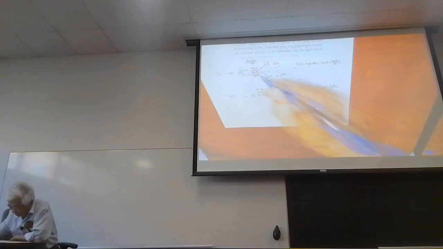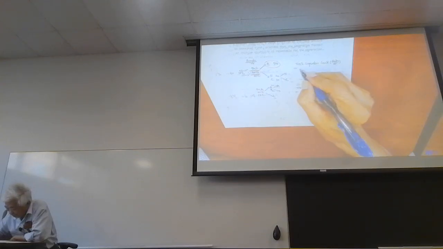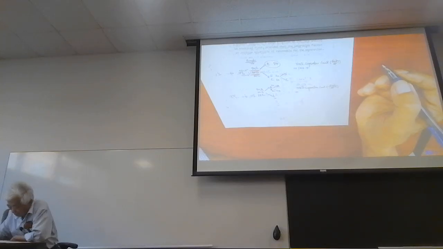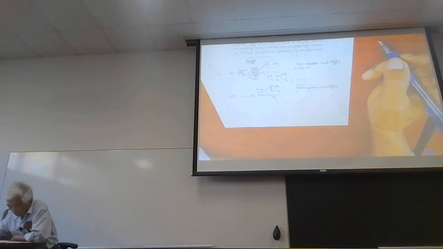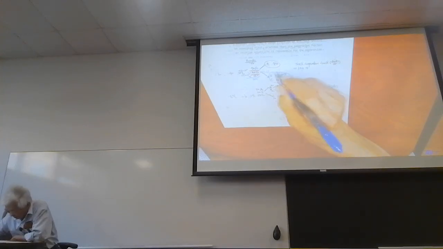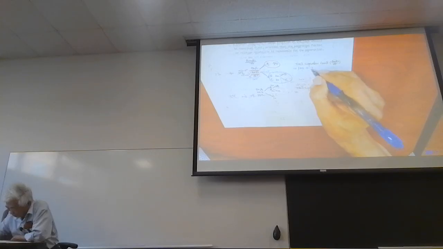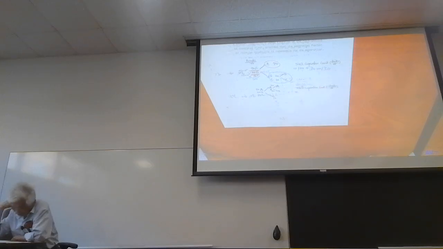So, first separator, total amount of feed, 100. This separator, total amount of feed, 30. So both separators together will handle 130 units per mole per hour.